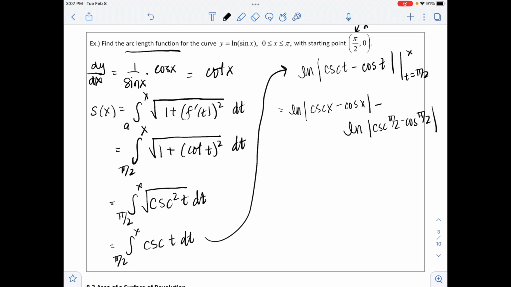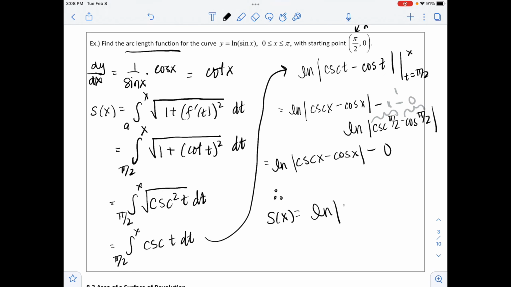And so simplifying this a little bit more, we have the natural log of cosecant of x minus cosine of x, minus, and cosecant of pi over 2 is just equal to 1, and cosine of pi over 2 is equal to 0. And so 1 minus 0 is 1, and the natural log of 1 is just going to be 0. And so therefore, we can say that our function, s of x, is just going to be equal to the natural log of the absolute value of cosecant of x minus cosine of x.